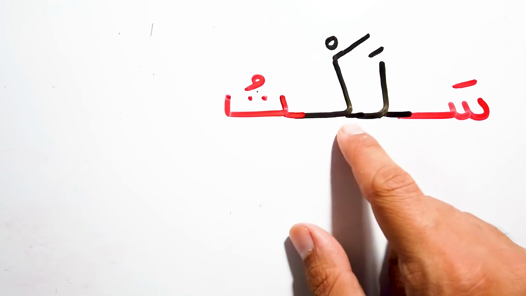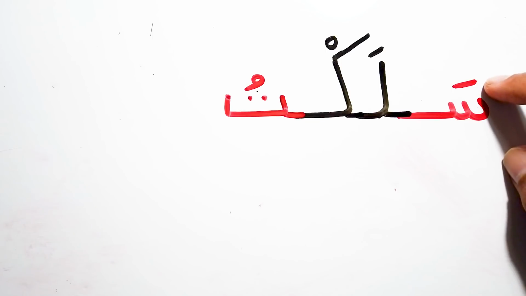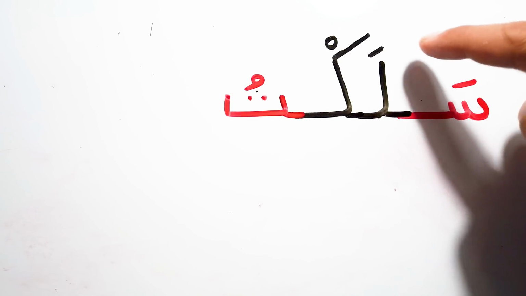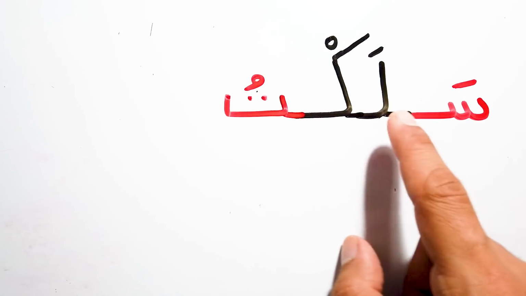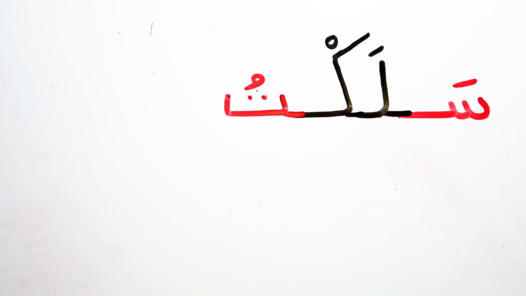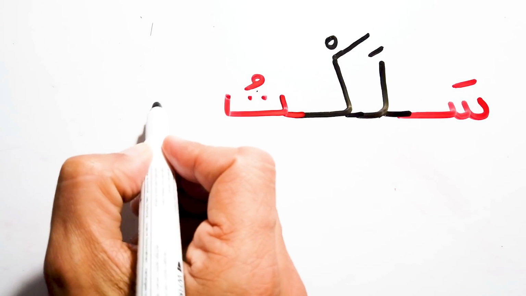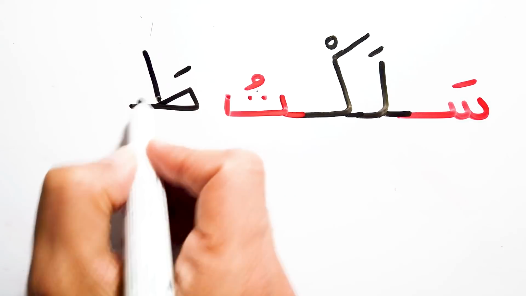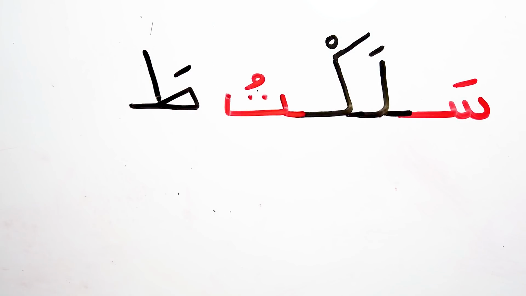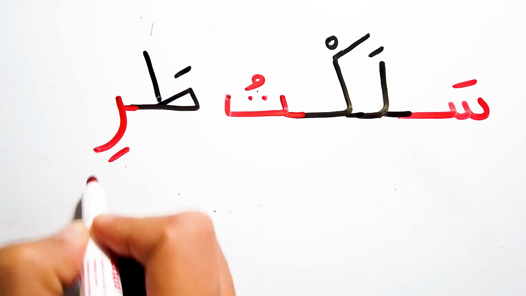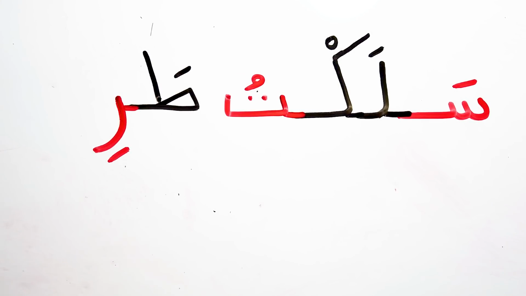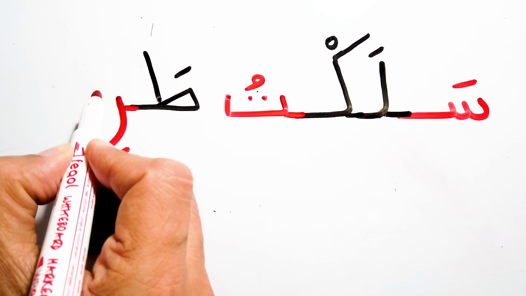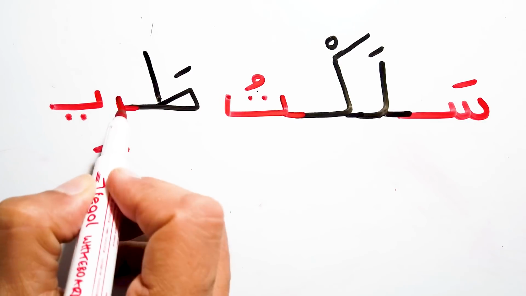سلكت. Sa, we have here fatha, sa. La, we have fatha, la. Tu, we have dhamma, tu. سلكت. طريقا. طري, and then we have long vowel, طري.